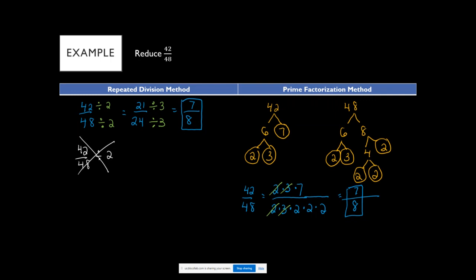So you can choose which one you like. And basically, based off of which one you like, that's the method that I'm going to do. Because that way, if that's the one that makes sense to you, that's the one I'm going to follow. But there are some where I'm going to specifically do prime factorization, if everybody likes repeated division, or there might be some where I do repeated.